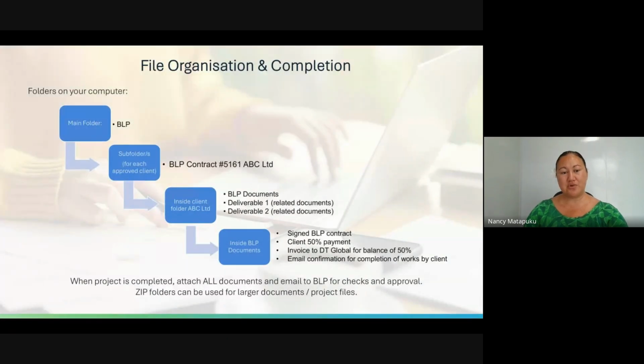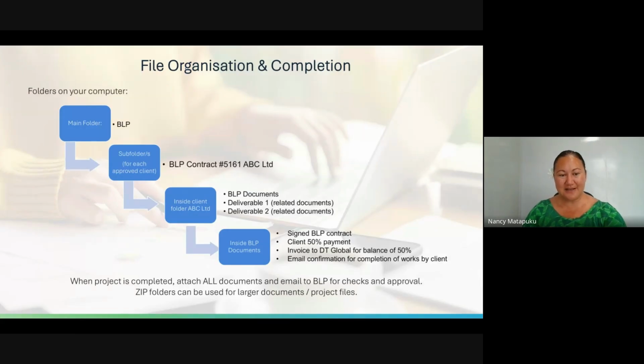So I want to make sure that I have 5 years of PAYE documents inside deliverable 2. So this is where the documents become a lot. However, organization is just key here.